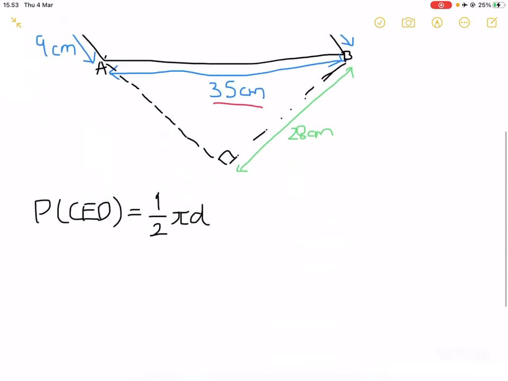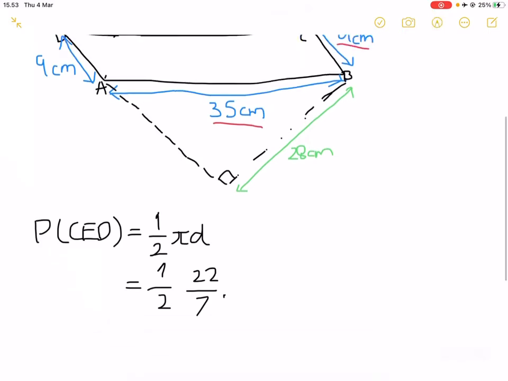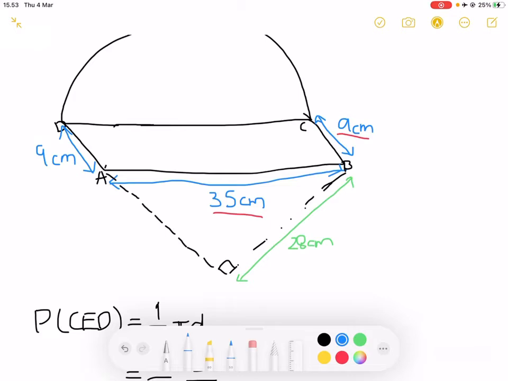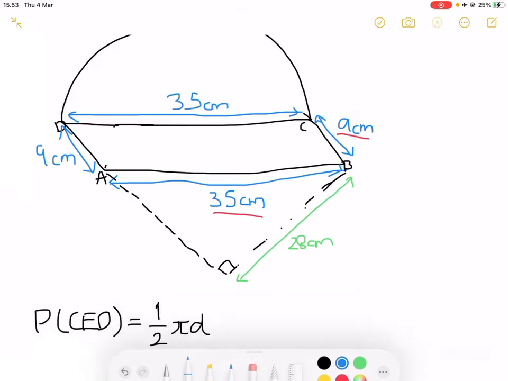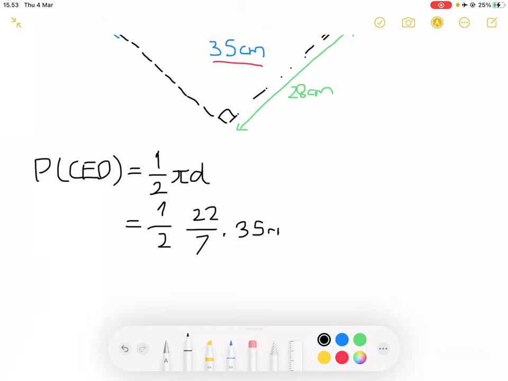So the perimeter of the arc here will be a half times 22/7 times the diameter. However, again, by using the fact that a parallelogram has two pairs of equal sides, that means this is also 35 centimeters. So we can just quickly write that down.